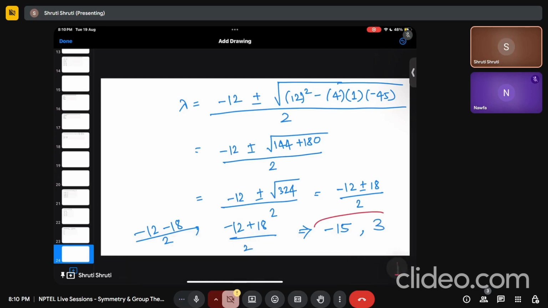Yes, you are correct. These are the eigenvalues.